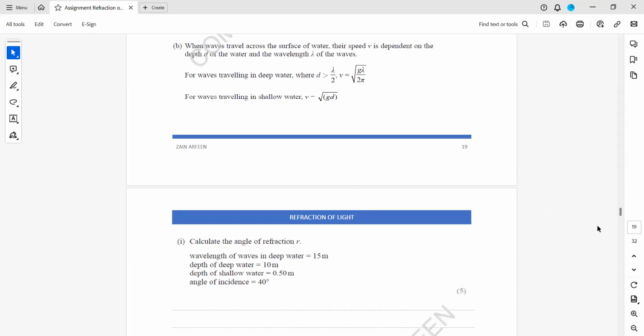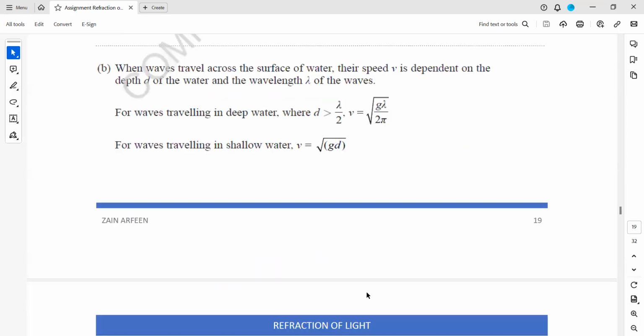Gravity is there, lambda is there, 2 pi. So we get this speed, which you can call v1. Then v equals the square root of gd. Using the depth, you will get speed v2.